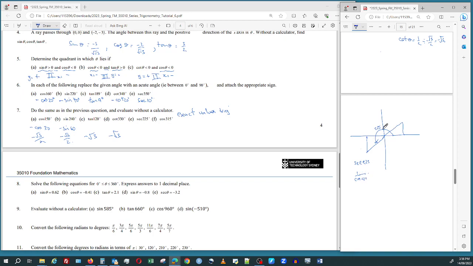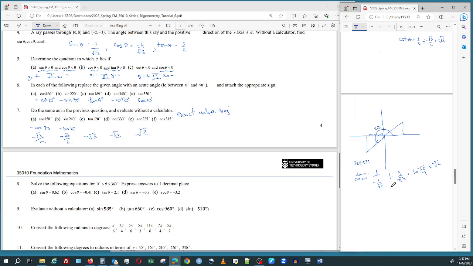Now cos of 225 is negative 1 over root 2. So it's 1 divided by 1 over root 2, and so it's just 1 times root 2 over 1, which is root 2. Now remembering though, it's a negative all the way through, so you get negative root 2. That's all it is, negative root 2.